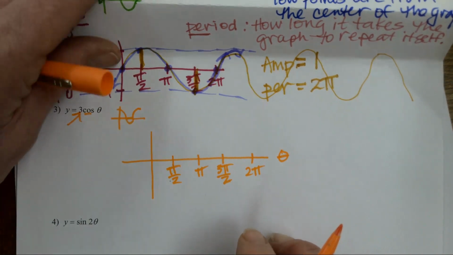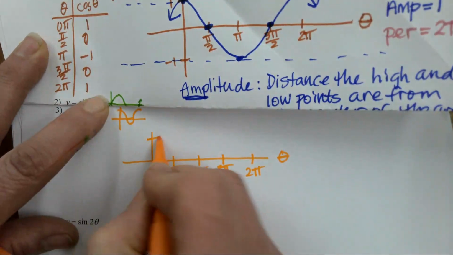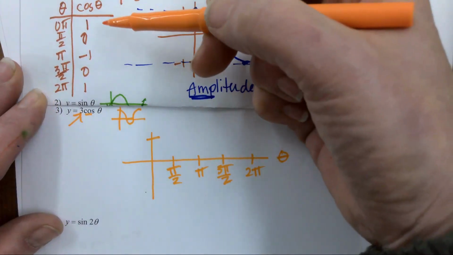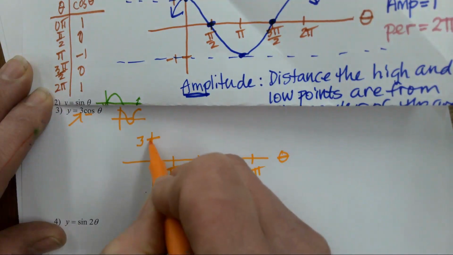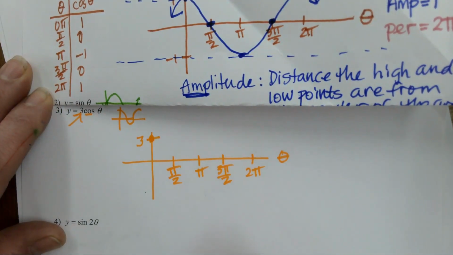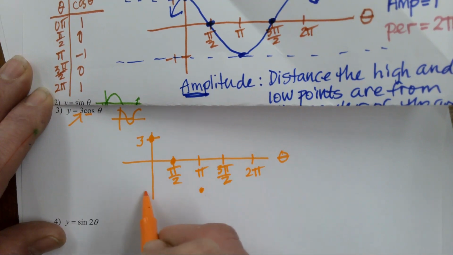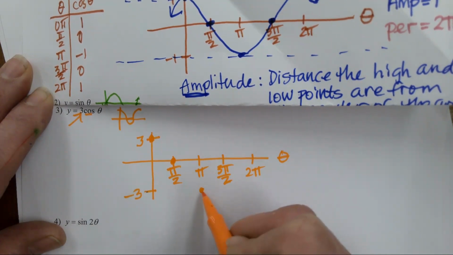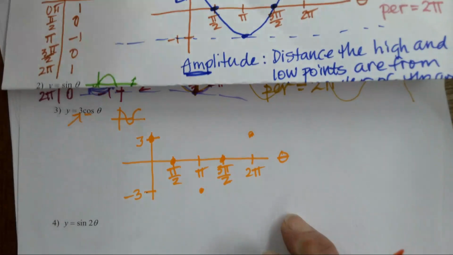But then that 3 in front, like I said, multiplies every point that I have by 3. So I do 1 times 3. That means I'm going to top out at 3. 0 times 3. Negative 1 times 3, so I'll bottom out at negative 3. 0 times 3, 1 times 3 again.